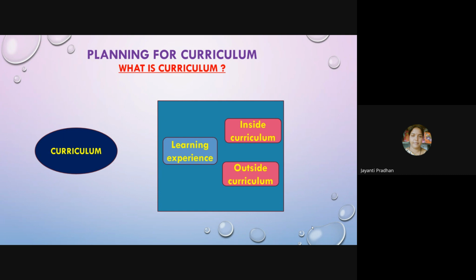And that experience is not limited to the school or to any particular place.